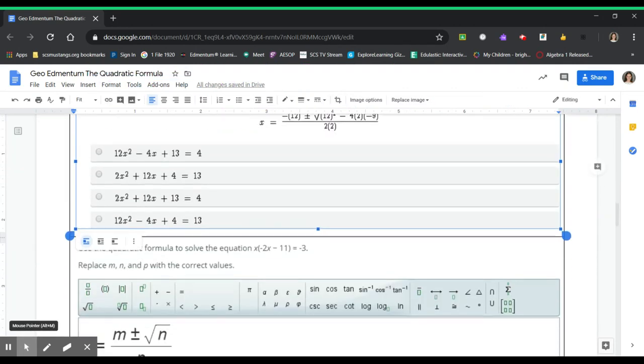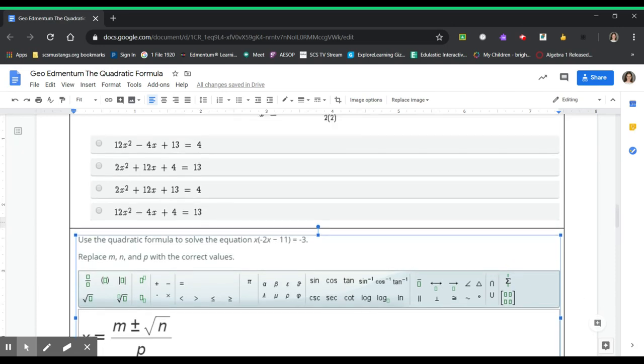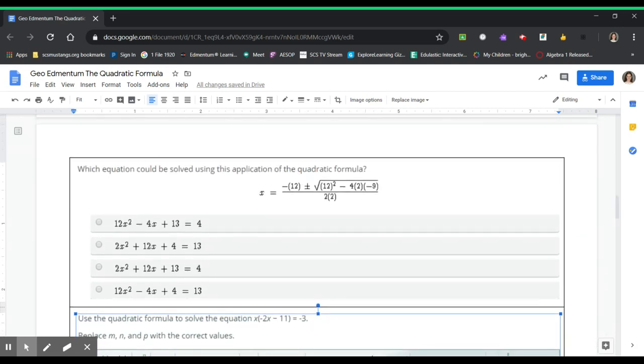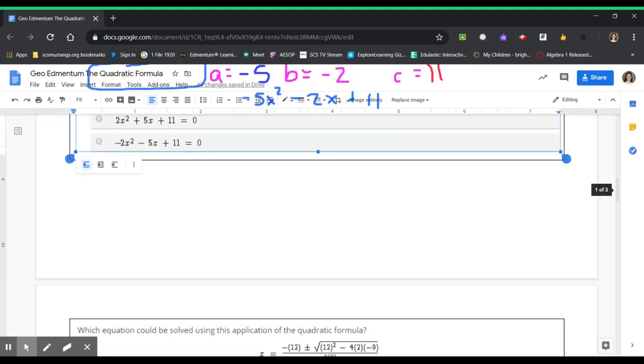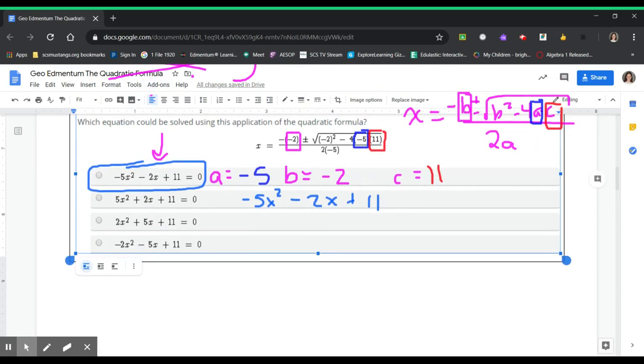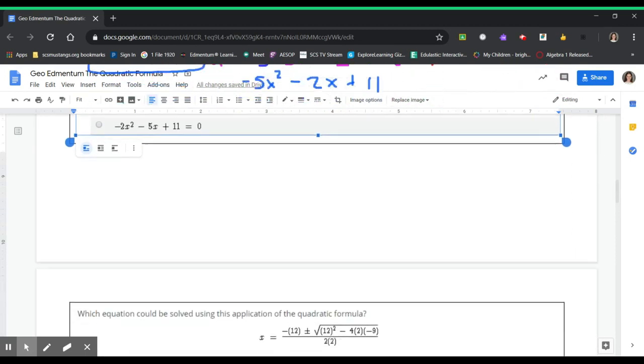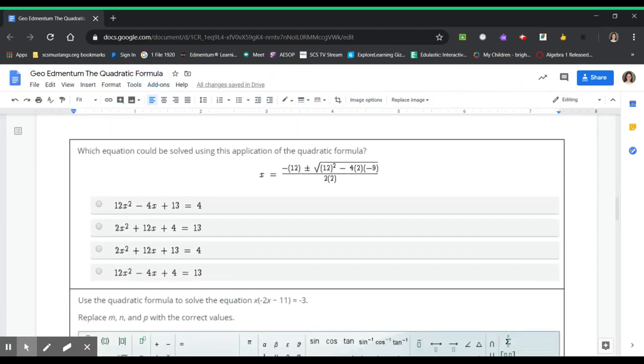This is the same exact idea as above, except they kind of take it one step farther. And instead of everything being nice and neat and equal to 0, the way it's supposed to be in our quadratic equations, this one has the number on the other side of our quadratic equation.